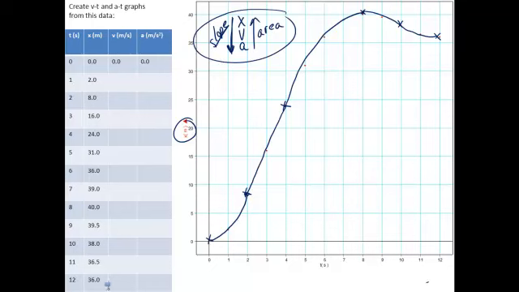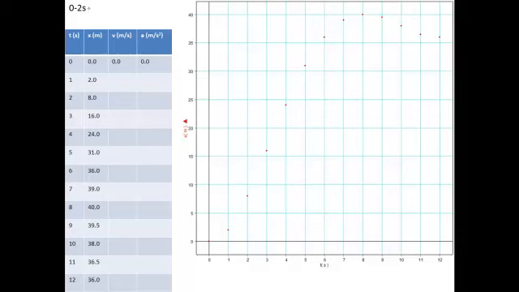So let's go ahead and look at this from 0 to 2 seconds. Again, because there's a curve, we can't use a slope directly because it's not a straight line. So let's solve this from 0 to 2 seconds using our strategy of writing out x, v initial, v, a, and t.